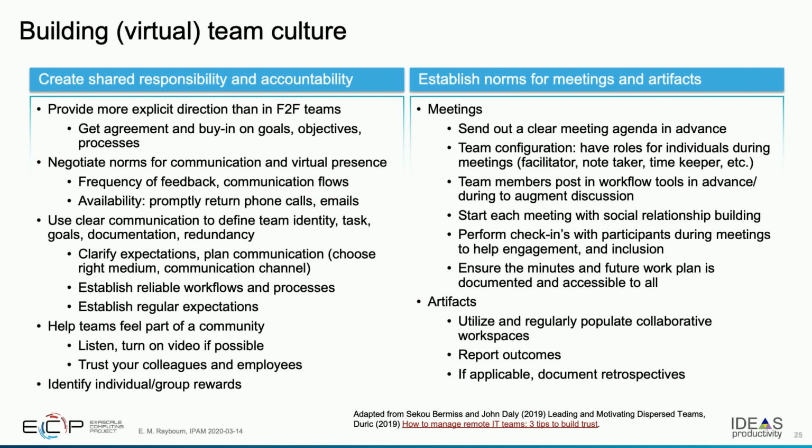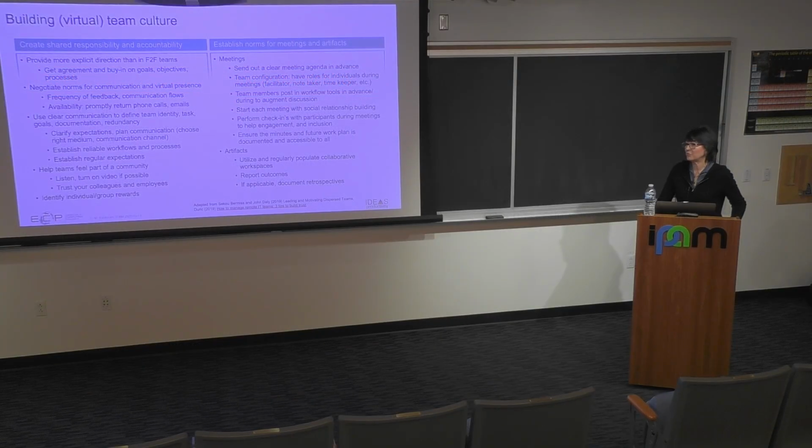So if you are wanting to develop culture, even at IPAM, and this is an in-person event, you still want to make sure that you spend time thinking about what are the values and norms of the different teams that you want to form, and how will you communicate with others and with each other? What are their policies, or how will you document your meetings? How do you want to establish your workflows? So all of those ideas are ideas that you can also employ in an in-person environment.